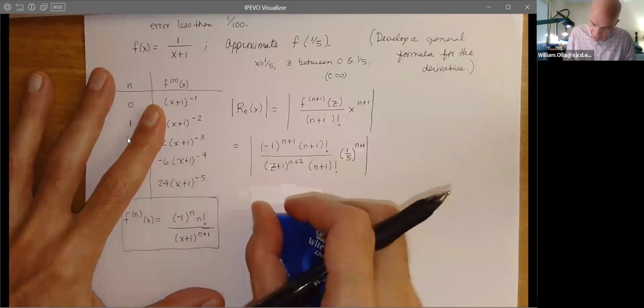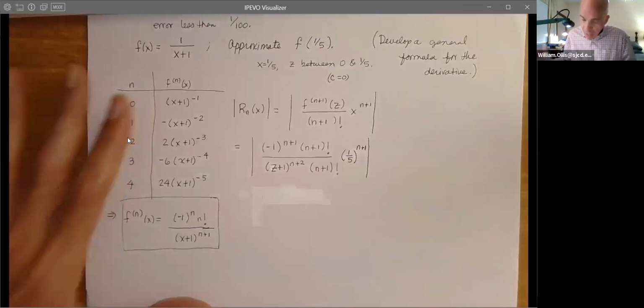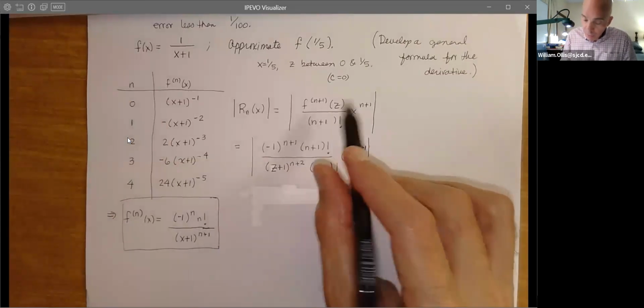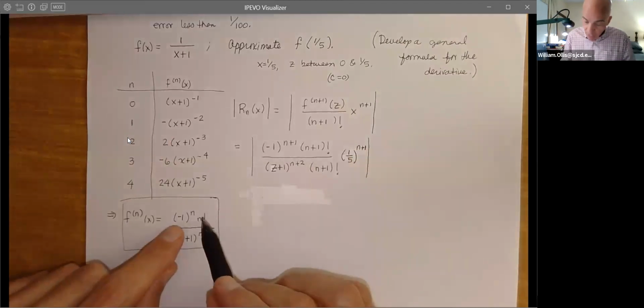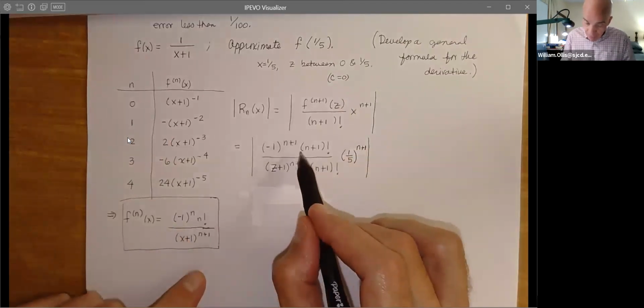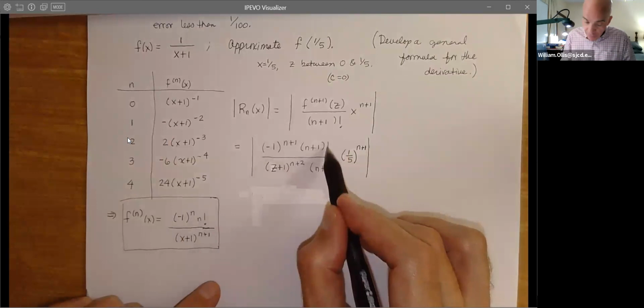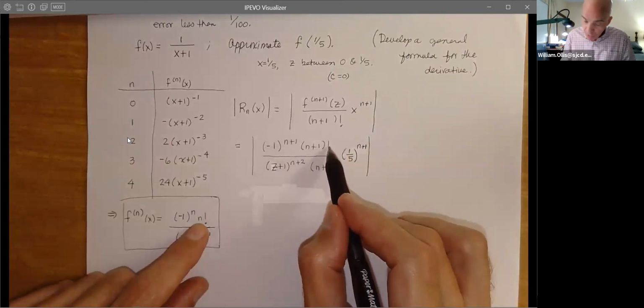So let me recap what I have here. We've got the n plus first derivative evaluated at z. So here we've got negative 1 to the n plus 1 times n plus 1 factorial, just replacing n with n plus 1.